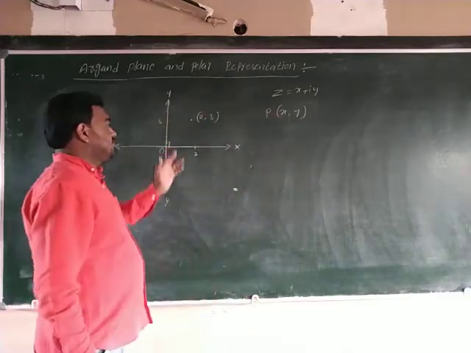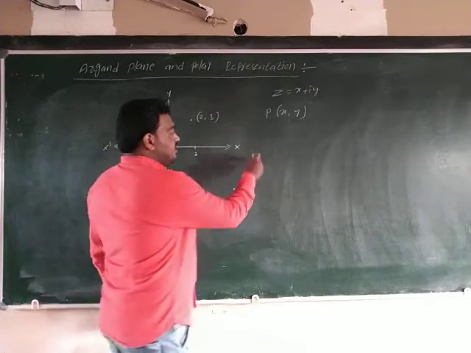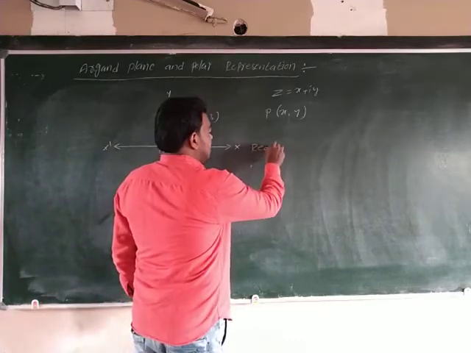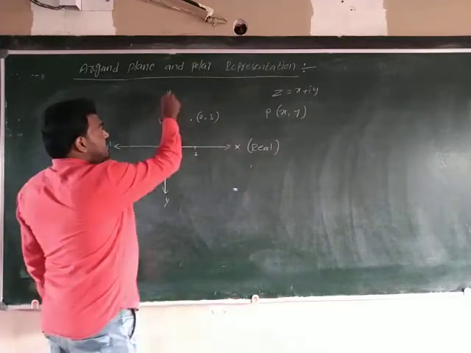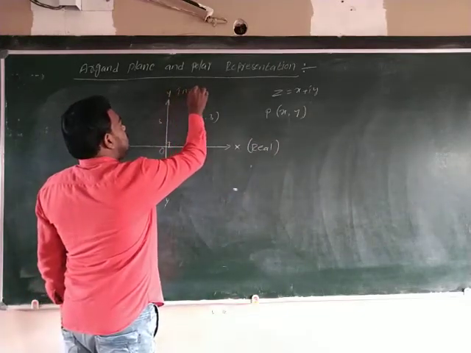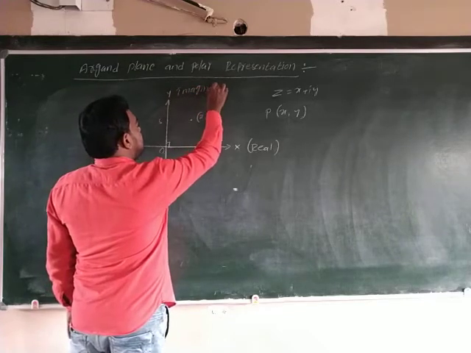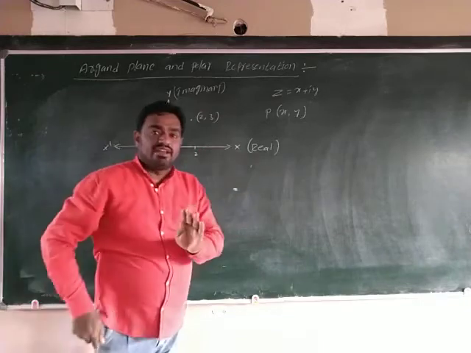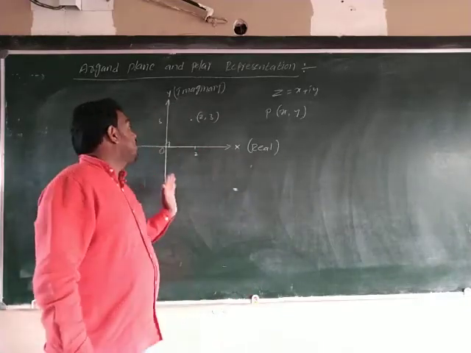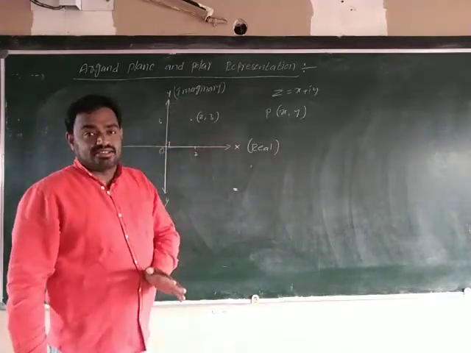And you take the x-axis as the real axis, and the y-axis you take as the imaginary axis. The horizontal line I am taking as the x-axis, the vertical line I am taking as the y-axis.